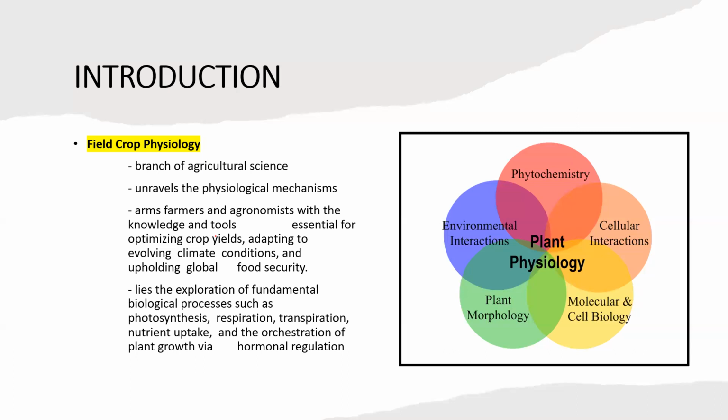So para mapataas natin yung ani, ano kaya yung mga gagawin natin, or ano kaya yung mga aspect or mechanisms na gagawin natin so that ma-improve natin yung physiological characteristics ng plants natin.